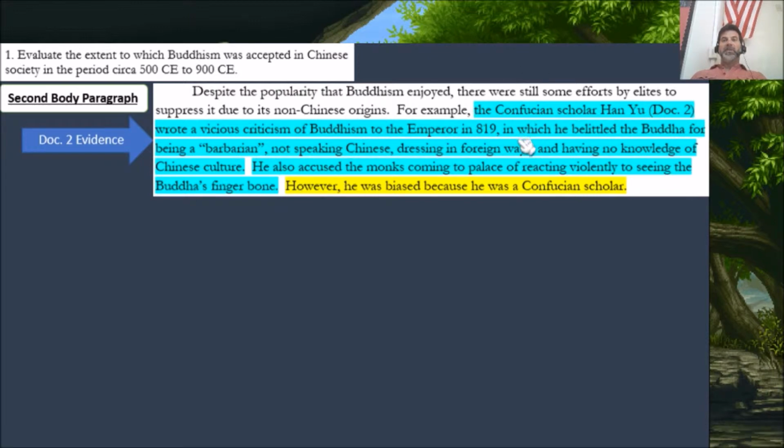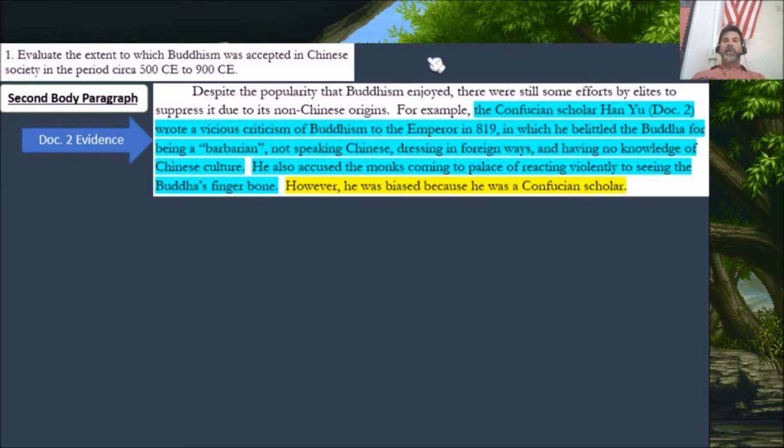And you can see an explanation of the document and how it serves as evidence for the idea that some elites were trying to suppress Buddhism because of its non-Chinese origins. And once again, it's really important. Don't just quote the document, explain how the things it says are showing us that your argument is true and defensible.